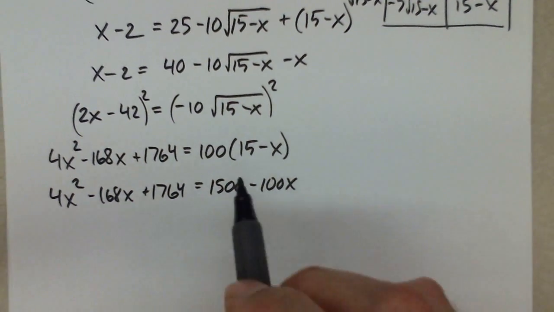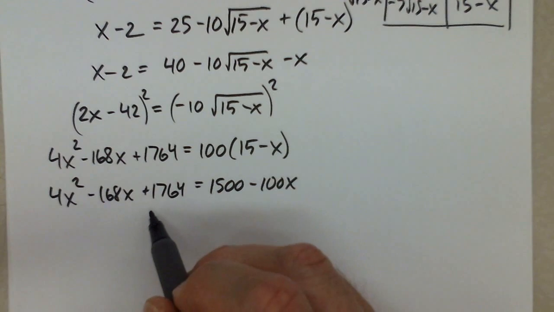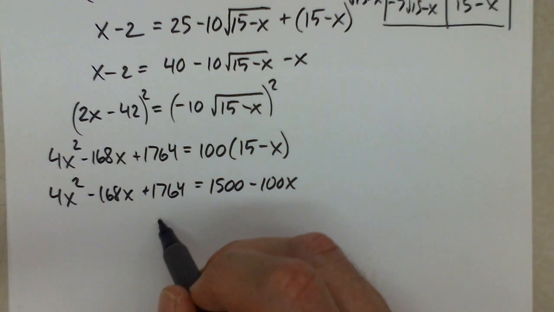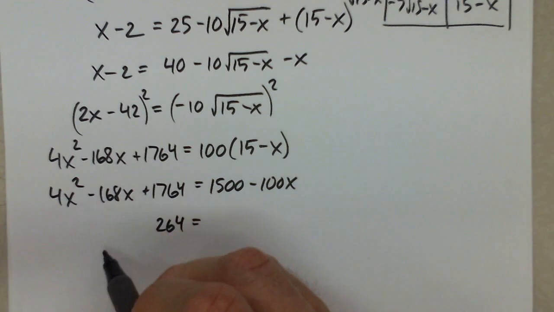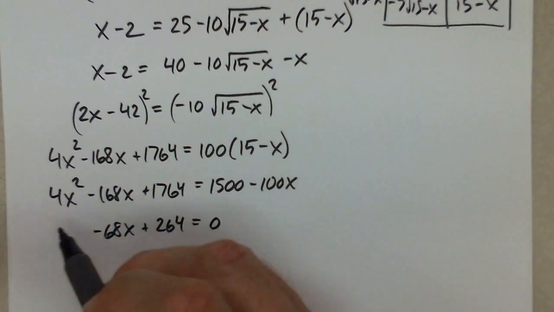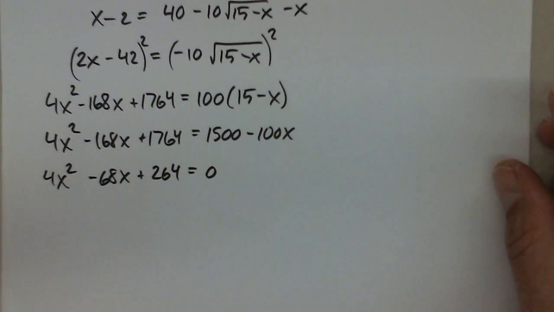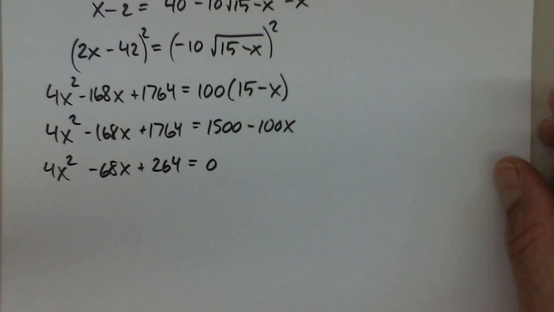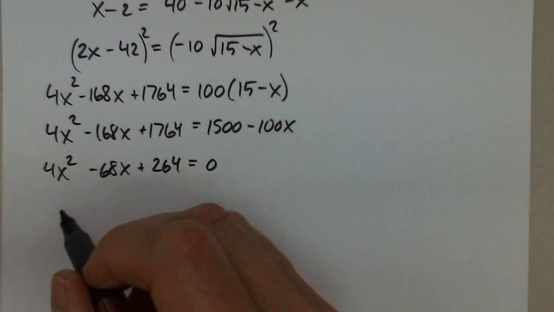Alright, now we have to put everything on one side and solve a quadratic. So we're going to subtract 1500, and that'll give us 264 here. We're going to add 100 to that, and we get negative 68. And everything can be divided by 4, so we'll do that.